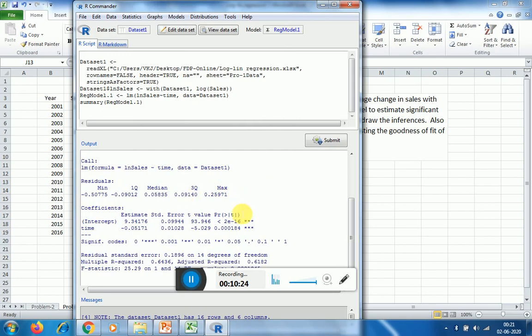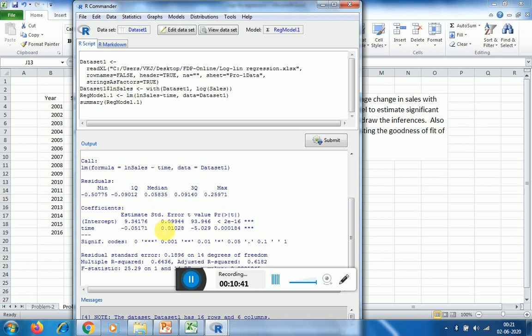So here you can see the output is generated for this model, and here your dependent variable is log of sales and independent variable is time. So this is the regression output.